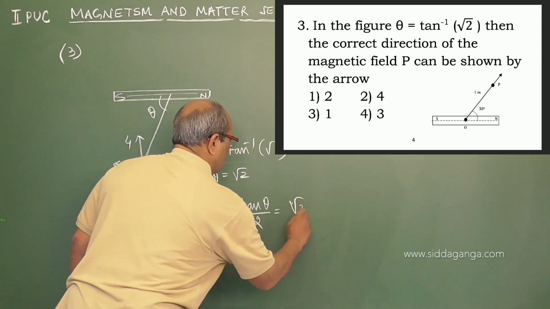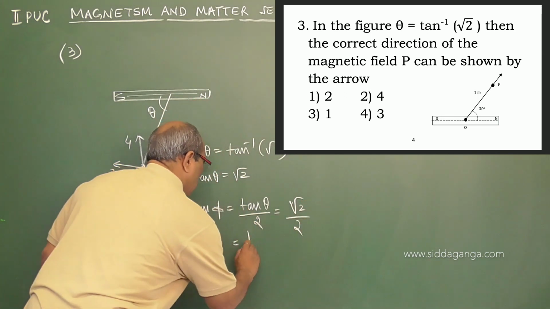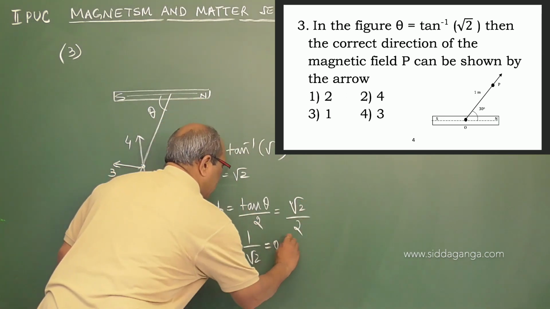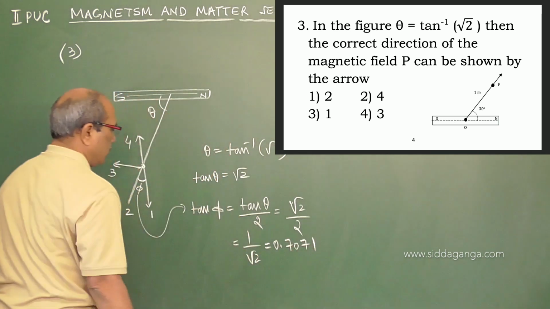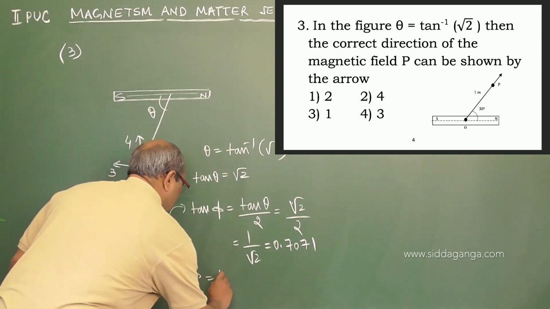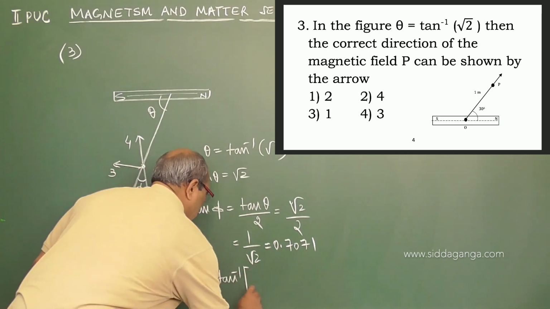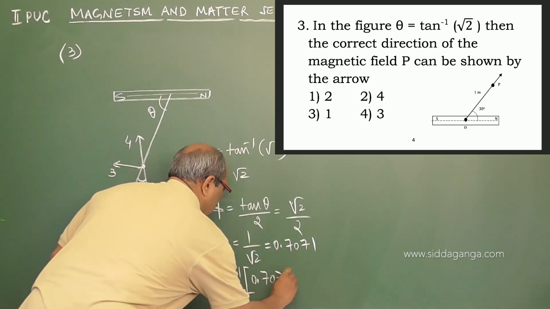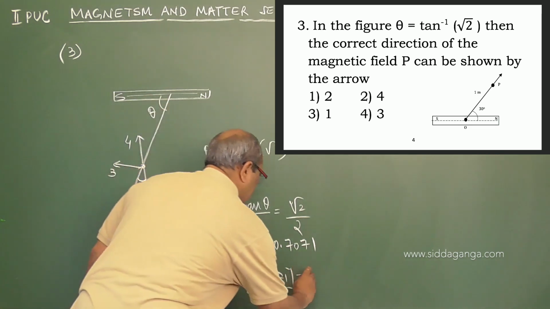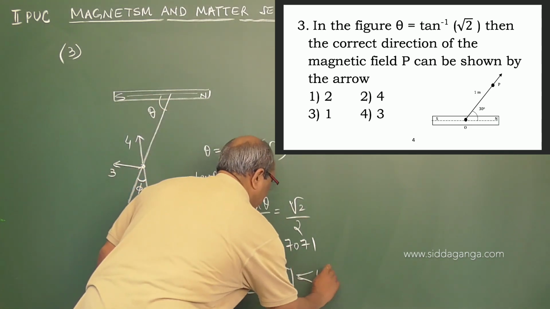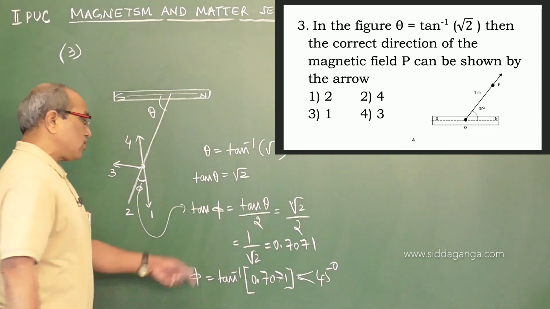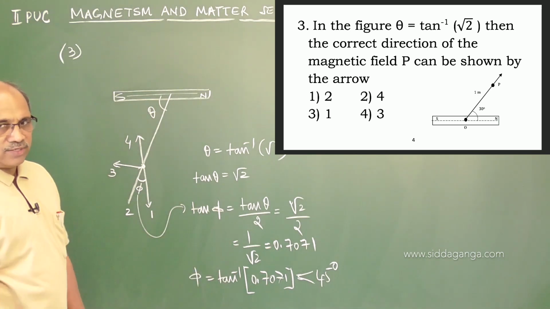This root 2 by 2 implies 1 by root 2 which is 0.7071, or phi is equal to tan inverse of 0.7071, which makes it less than 45 degree, because tan 45 is 1.